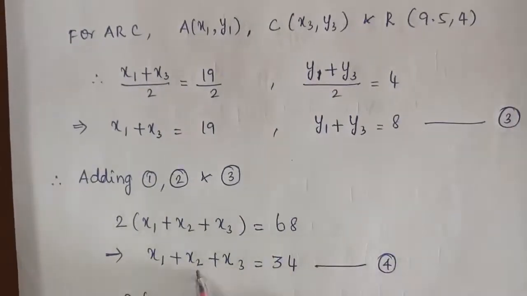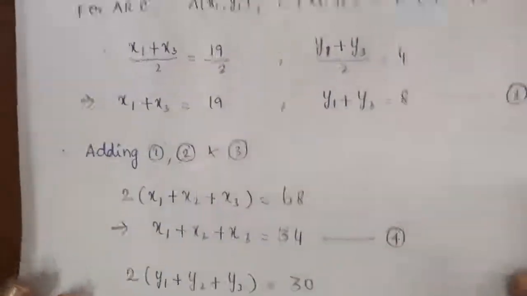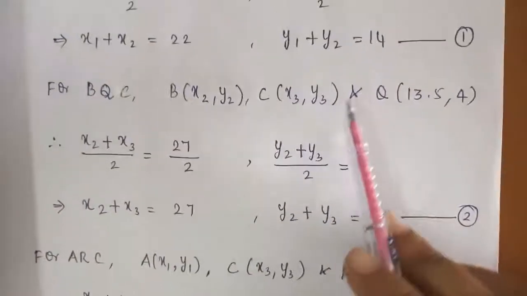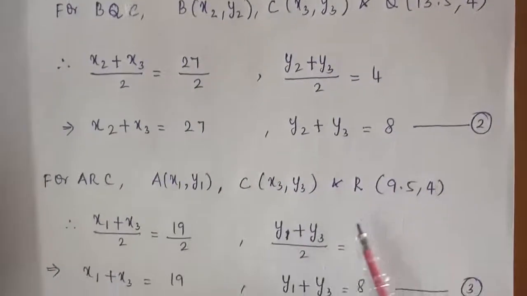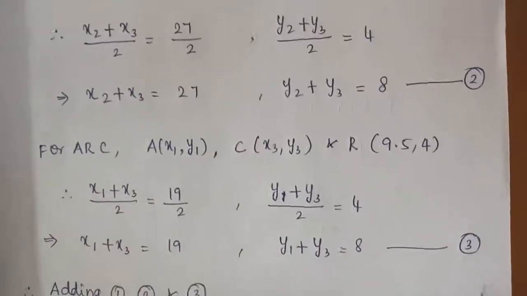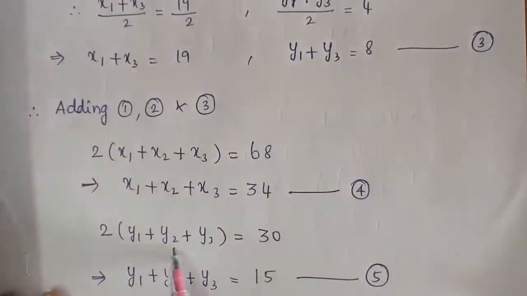So x1 plus x2 plus x3 is equal to 68 divided by 2, which is 34. This is equation number 4. Similarly, you have y coordinates. So y1 plus y2 is equal to 14, y2 plus y3 is equal to 8, y1 plus y3 is equal to 8. So you will get 2 times of (y1 plus y2 plus y3) is equal to 30. So y1 plus y2 plus y3 is equal to 15. This is equation number 5.